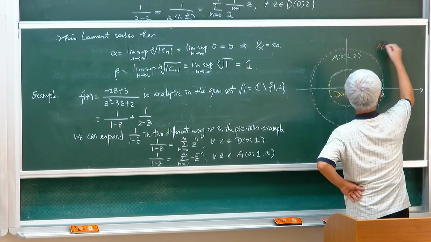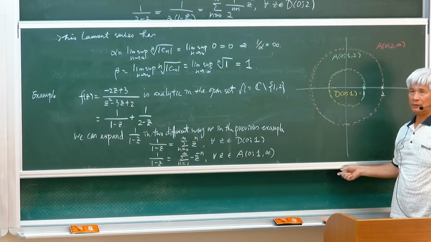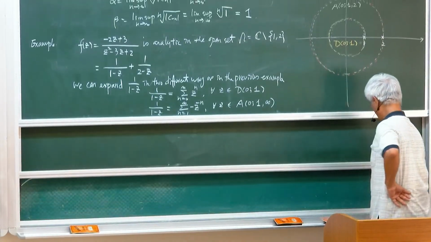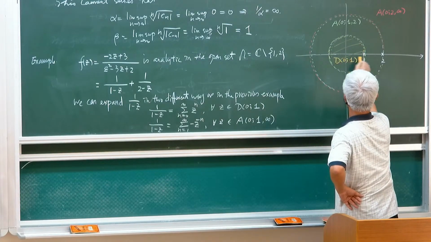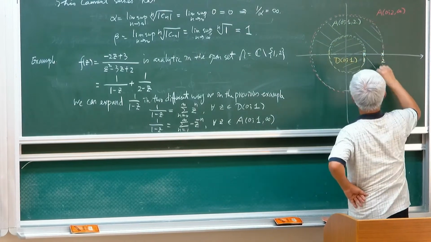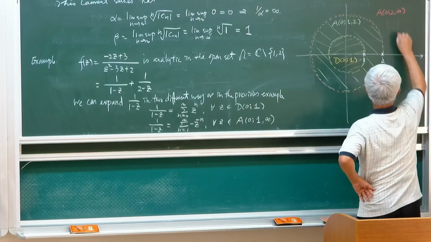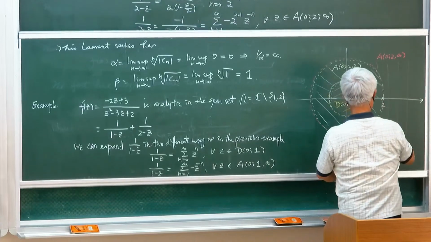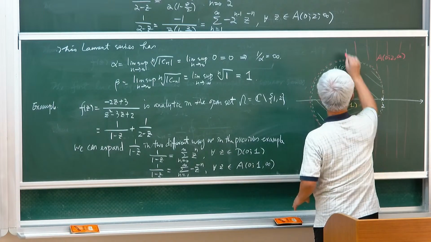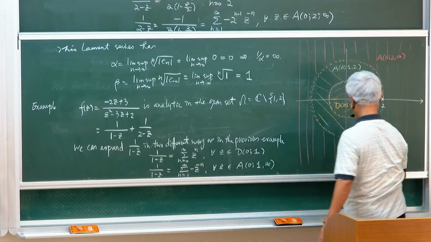So you have that situation: the inner disk, the green annulus, and then the red open annulus.